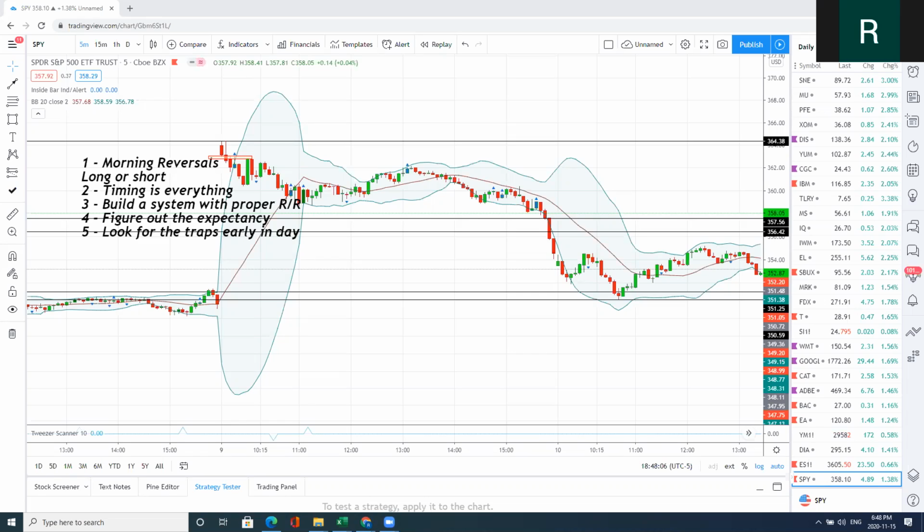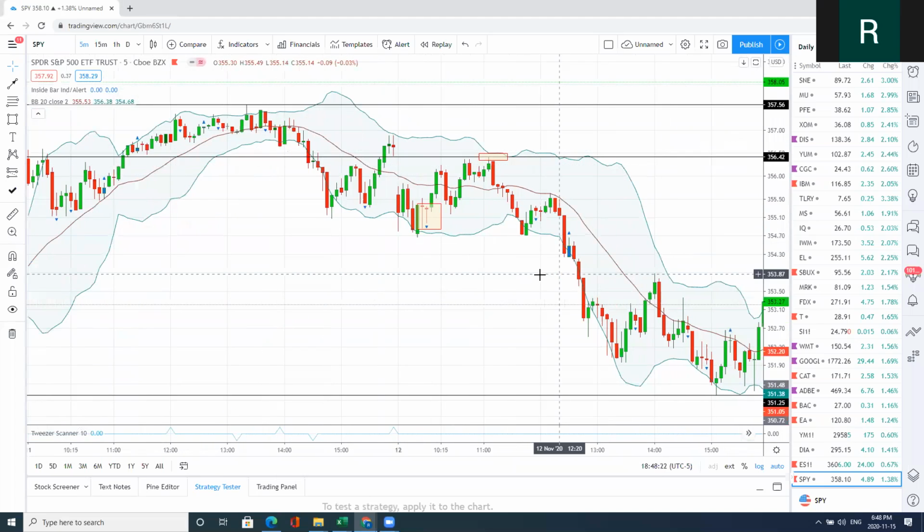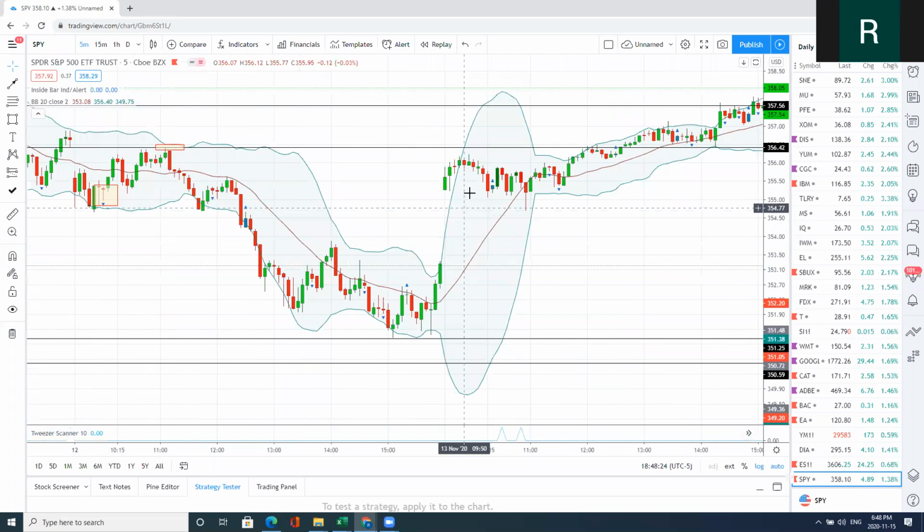Friday morning, how did you decide to use 15-minute candles versus 5 minutes? I'm always looking at all time frames for setups, but on Friday, that setup was on the 5-minute chart. Everything I showed you here was on the 5-minute chart, but I have systems for different time frames.